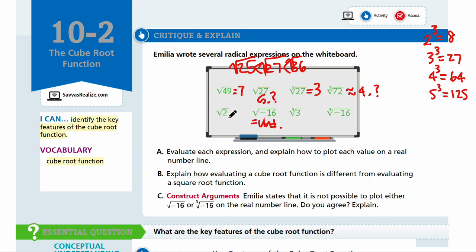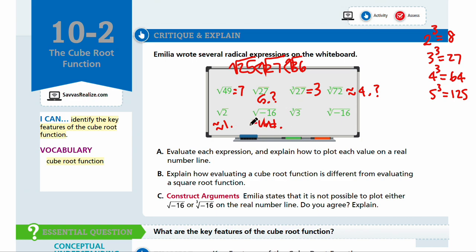And then root 2 is between the perfect squares of 1 and 4, right? So it's closer to 1, so it's going to be about 1.234, probably closer to 1.